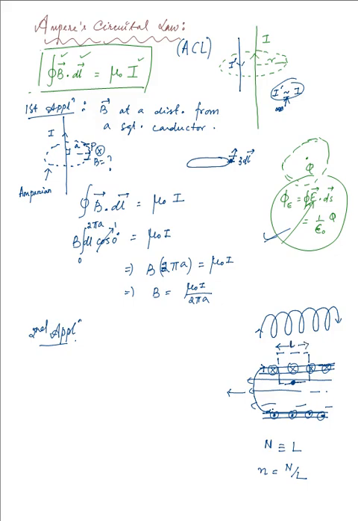We name the loop A, B, C, and D, and we apply the ACL over that closed loop through A, B, C, D back to A. And we now consider mu naught times, for an air cored solenoid of course, the current.